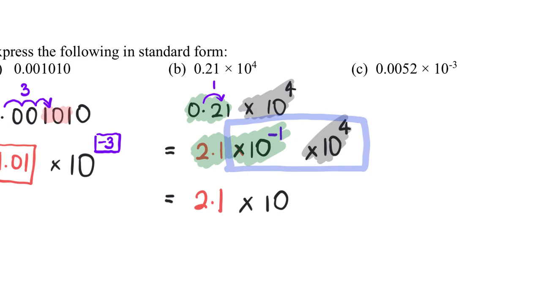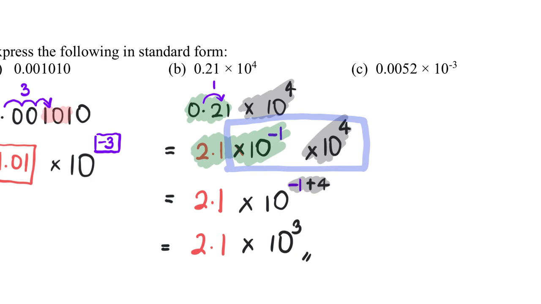I could have my -1 plus 4 using my law of indices, and therefore my final answer will be 2.1 times 10 to the power of 3.